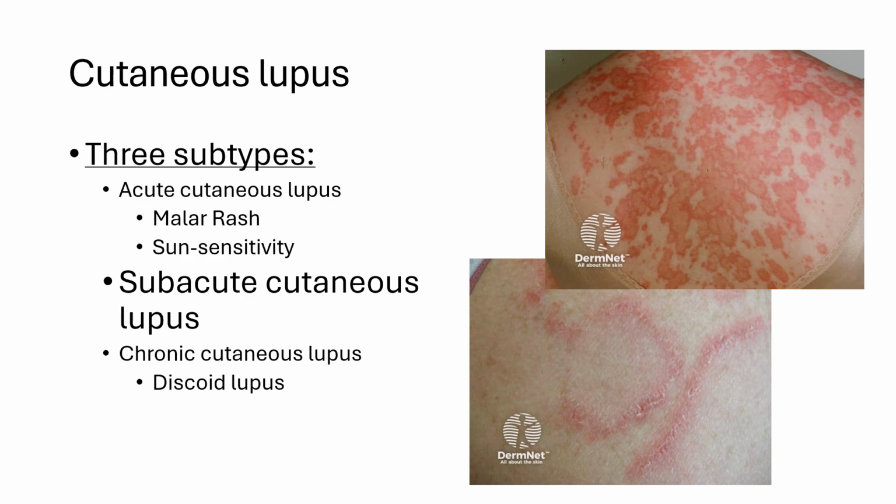The second form of cutaneous lupus that we'll talk about is subacute cutaneous lupus. This is usually going to be persistent for several weeks and can be widespread or fairly localized.